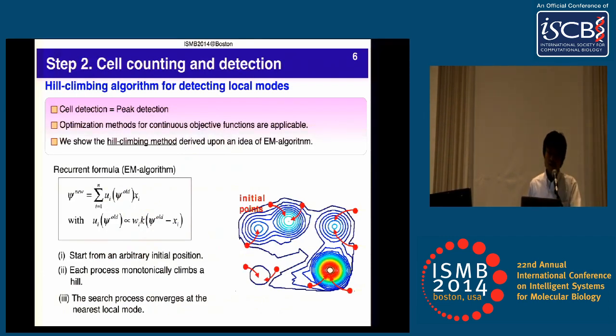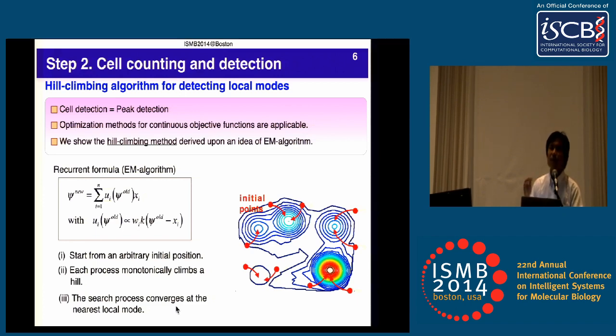Our paper shows a hill climbing method for detecting local modes of a continuous function in a 3D space without any prior knowledge. Technical details are omitted here, but the idea is very simple.